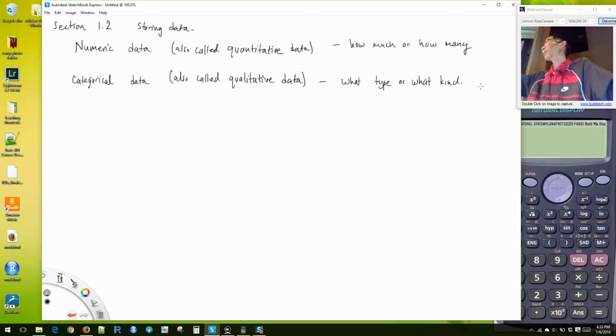If we were to go around and gather data on people in this classroom, and we ask things like, what is your gender? That would be categorical data, right? Okay. If we ask, how old are you? How many years old are you? Numeric. Okay. What would number of siblings be? Numeric. Number of siblings would be numeric. What about your area code?